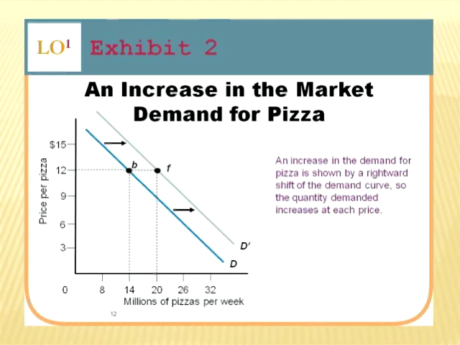So if the price is $12, they move from buying 14 million to buying 20 million. They move from B to F. And this is an increase in demand. Notice they did not move up or down along D. The entire demand curve, the entire relationship, moved from D to D prime.